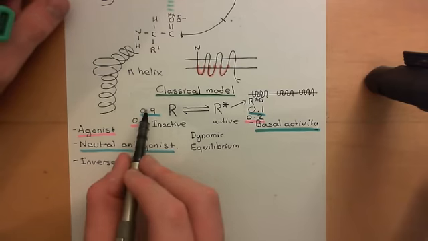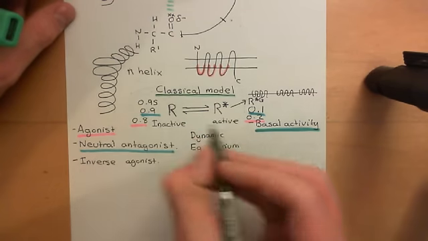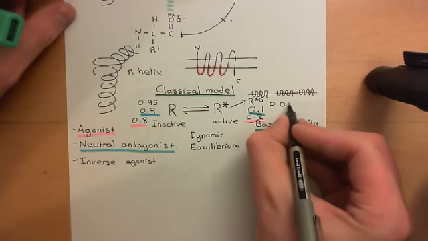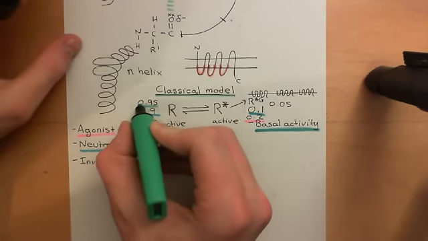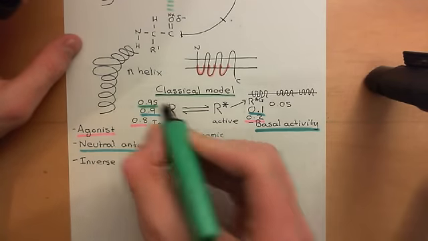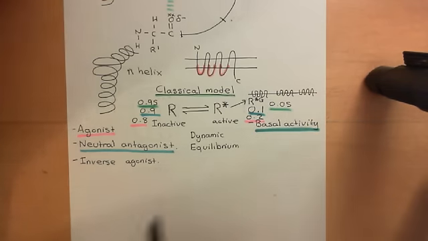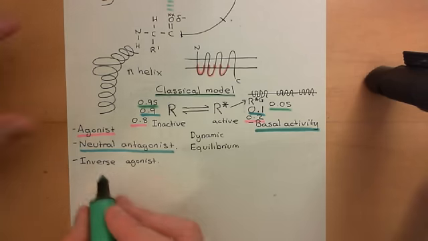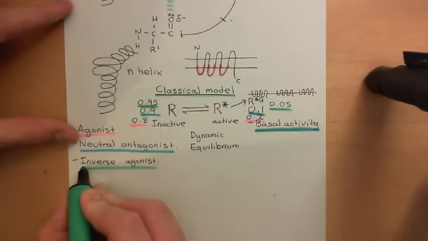It shifts the equilibrium towards the inactive state, so it might increase the fraction that are in the inactive state and decrease the fraction that are in the active state. Maybe it might move the percentage in the inactive state up to 95% and the percentage that are in the active state down to 5%. So it shifts the equilibrium in favor of this inactive state for the receptor.